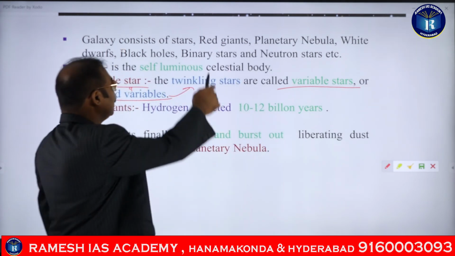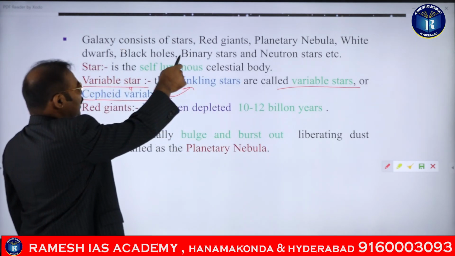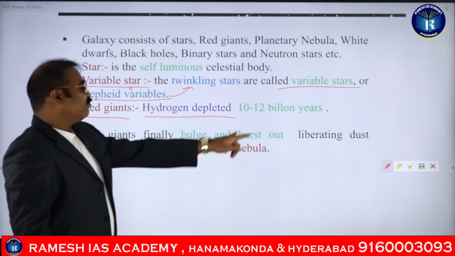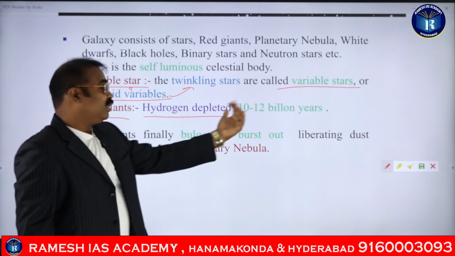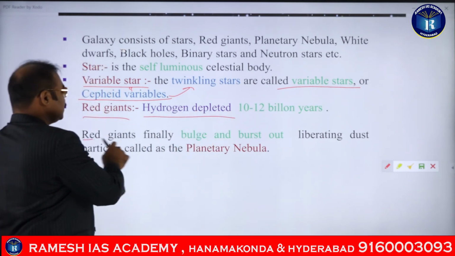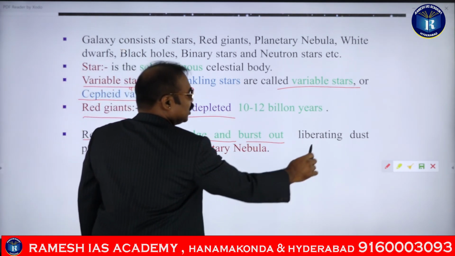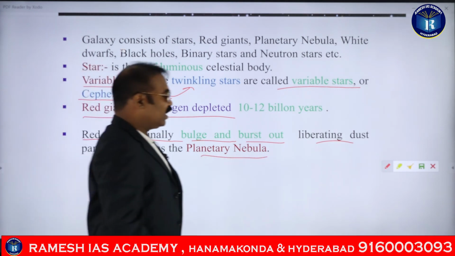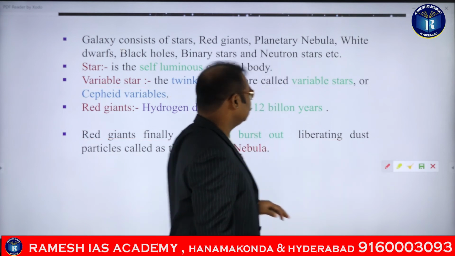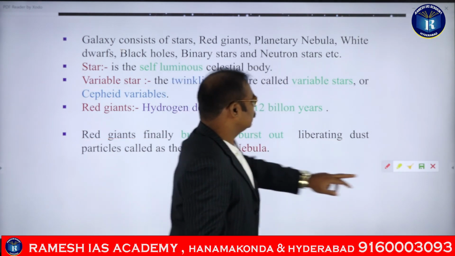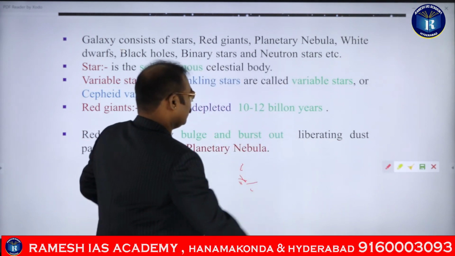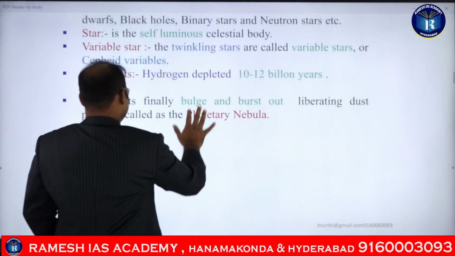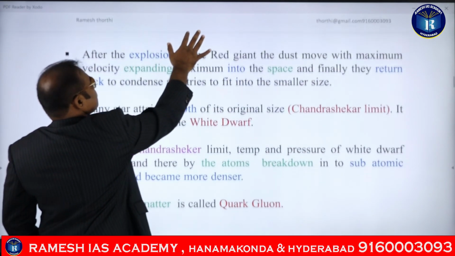And just now I gave you the explanation for red giants. The hydrogen depleted stars are called the red giants. Within 10 to 12 billion years of their birth, they will become the red giants. Red giants finally bulge and burst out, liberating the dust particles called the planetary nebula, guys.